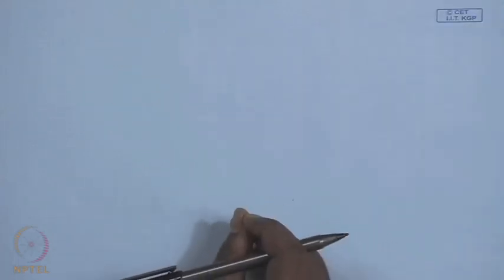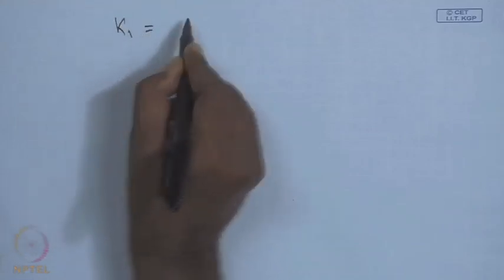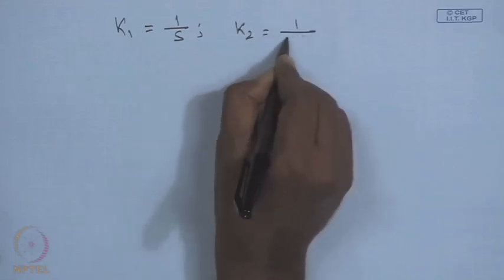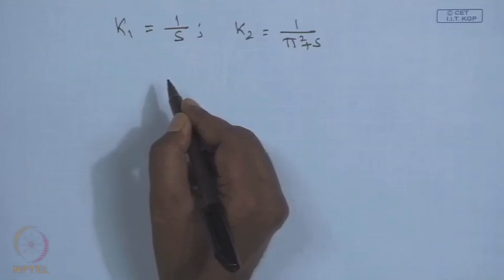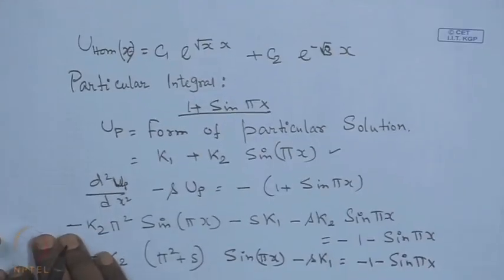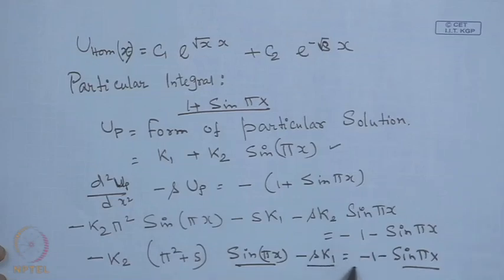So, therefore, we will be getting k1 is equal to 1 over s and k2 is equal to 1 over (pi square plus s). You just compare the corresponding coefficients. In the sin pi x term, k2 times (pi square plus s) is nothing but 1, so k2 is equal to 1 over (pi square plus s), and in case of k1, s times k1 is equal to 1, so k1 is equal to 1 upon s.